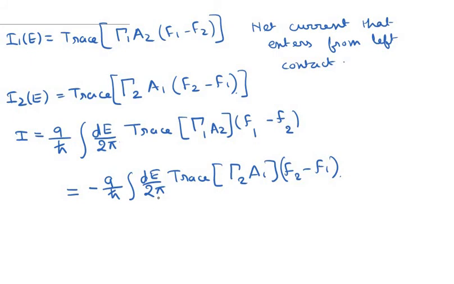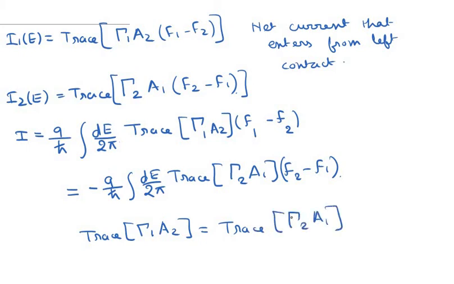Okay, so this means that if the current that enters into the channel from the left contact is equal to the current that exits the right contact from the channel, then this trace of gamma 1 A2 must be equal to trace of gamma 2 A1, and this is indeed the case.